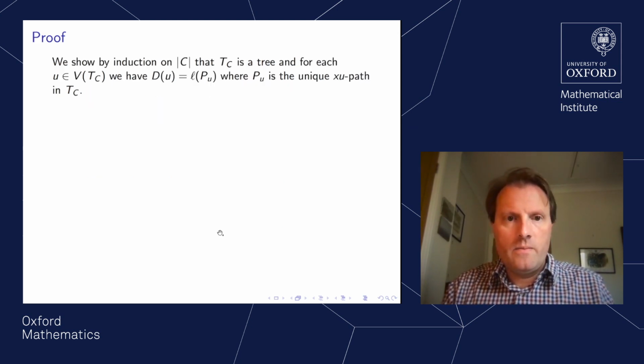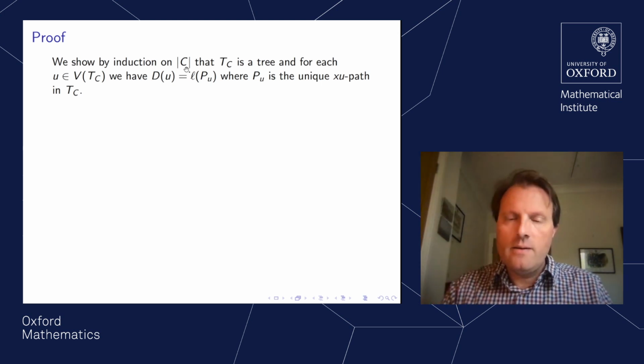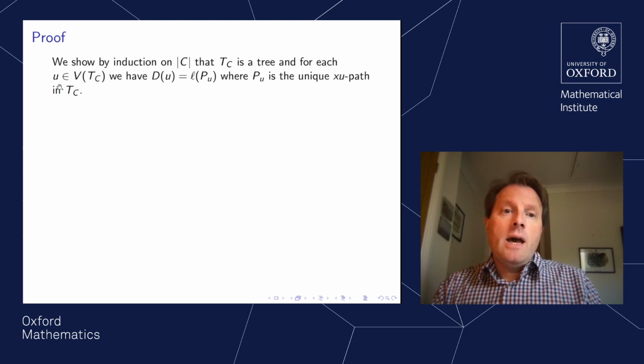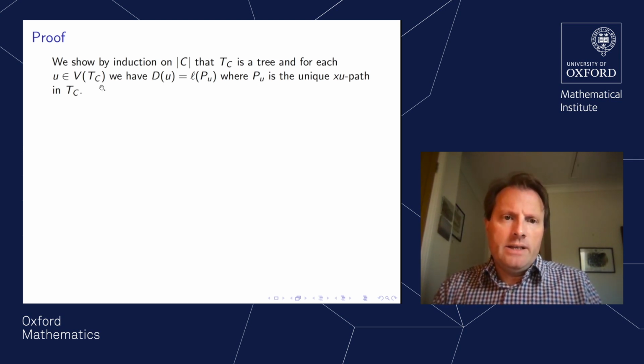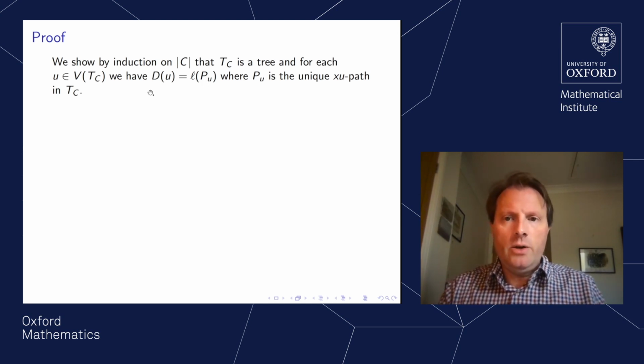Okay, so that's just a restatement of what I wrote down before. We're going to show by induction on the cardinality of C that TC is a tree, and that for each vertex U in TC, in other words, each U in C, we have that D of U is L of PU.